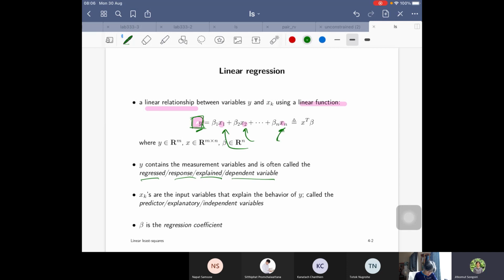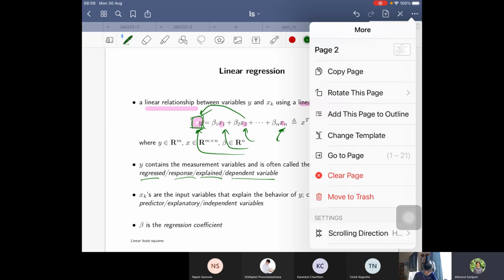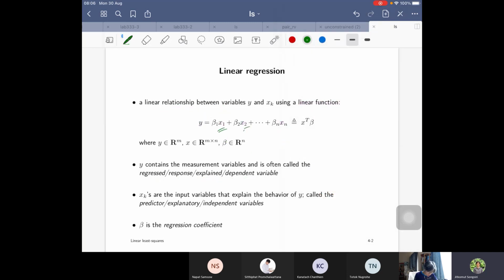You believe that all these xk's can be used to explain y. They are influential variables to the response of y. In principle, you can assume that there are n predictors, n inputs. So there are several names for x: predictor, explanatory, independent variables.